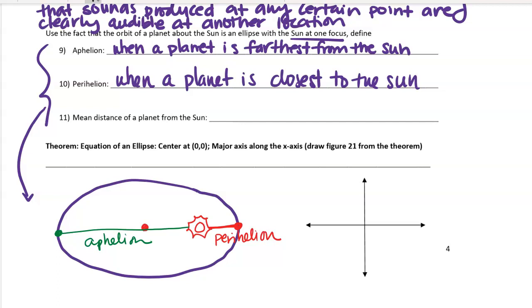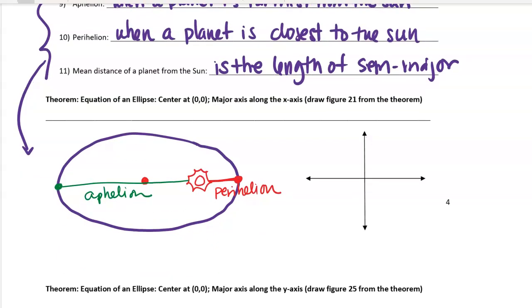Then mean distance of a planet from the sun. So the mean distance is kind of like what it sounds, okay, an average. So it is the length of semi-major. Semi means what? Half. So half of your major. Remember, your major is the entire length from one vertex to the next.